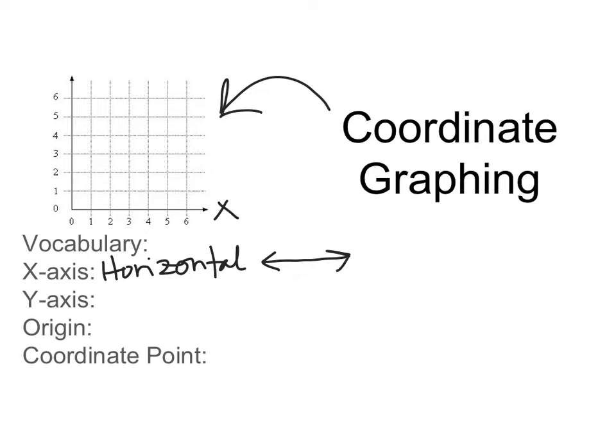So this one right here is the x-axis. The y-axis is the vertical axis, the one that goes up and down. So this one right here is the y-axis.